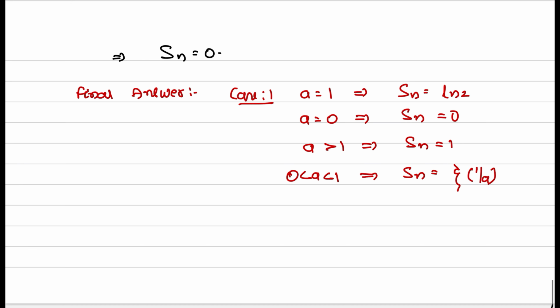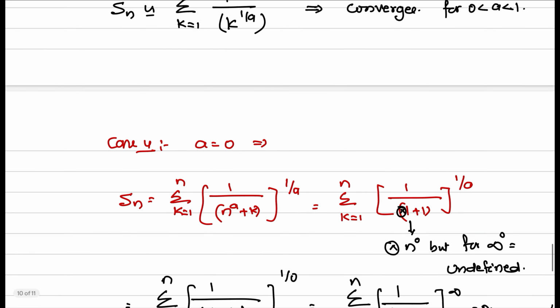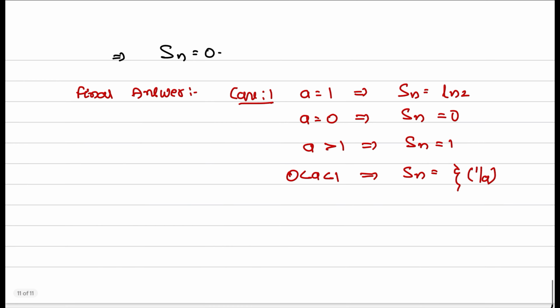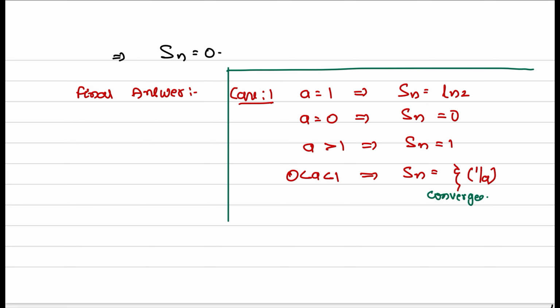That function we have already defined here. It converges. That means it never diverges anywhere for the given values of a.